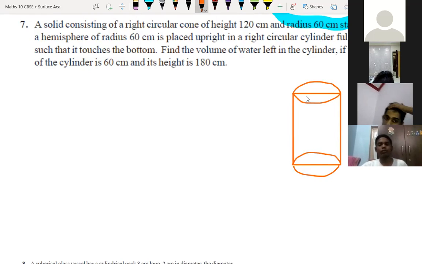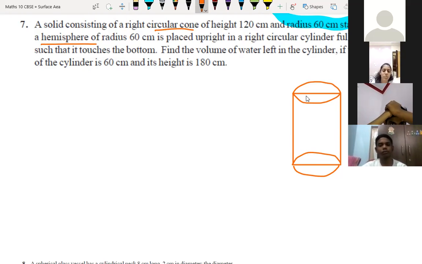The solid touches the bottom of it. So find the volume of this. What solids are coming? One is the cone, standing on a hemisphere, placed upright in the cylinder.